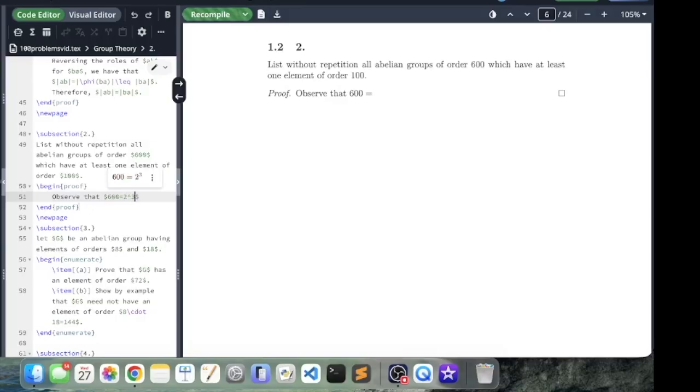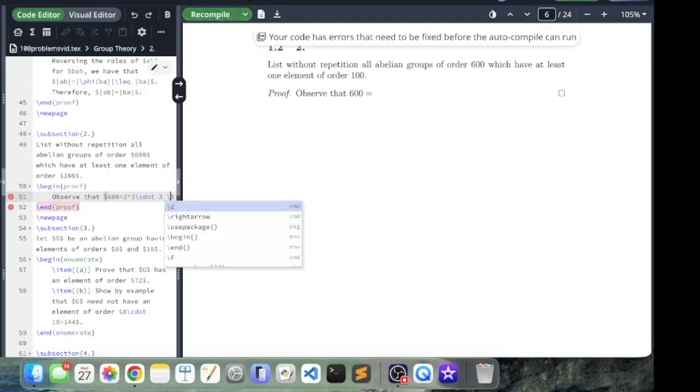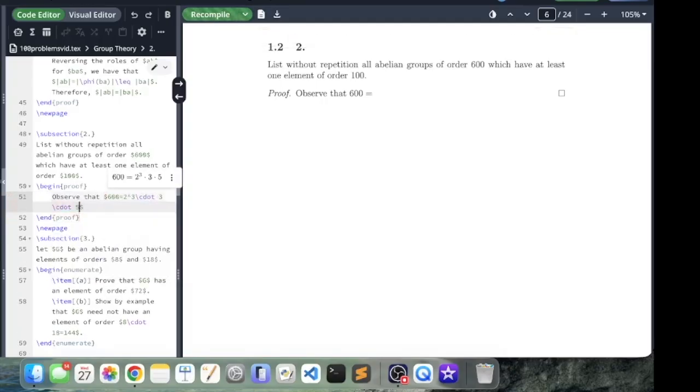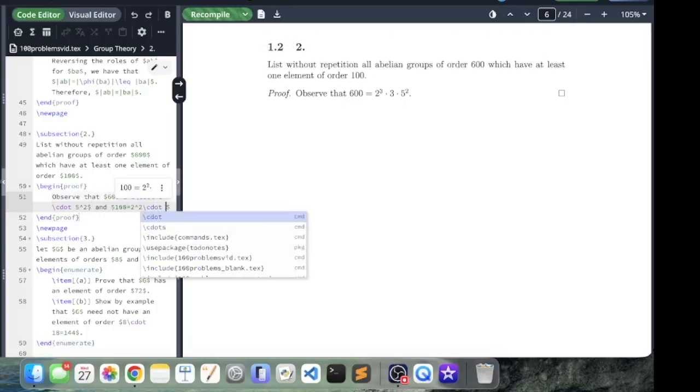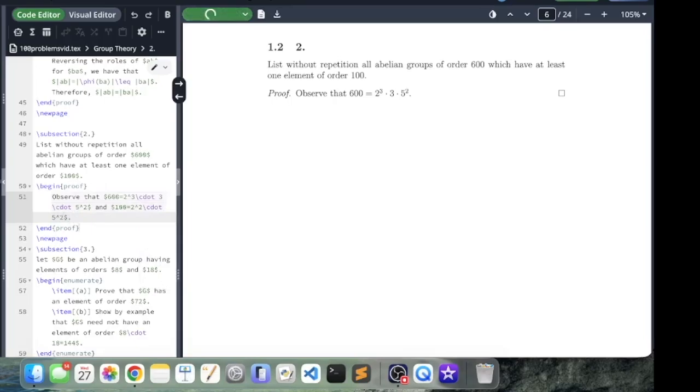So that's 2 cubed times 3 times 5 squared. So 600 breaks down like this, and 100, as we said, breaks down to that. I feel like I'm manually compiling anyway.